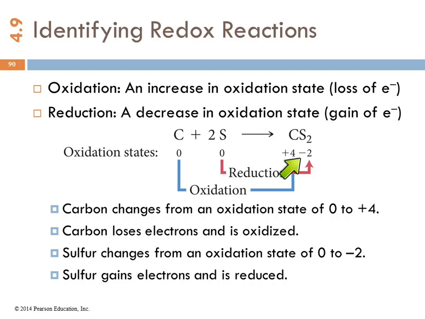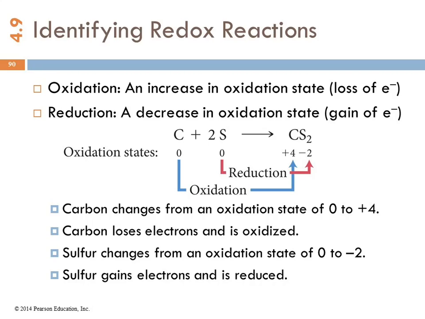If sulfur's -2 and there's 2 of them, then the carbon must be +4. Now we can look and see what happened to carbon's oxidation state. It went from 0 to +4. That is similar to going from 0 to +4 charge. How do you go to a +4 charge? By losing 4 electrons. Oxidation is loss of electrons.